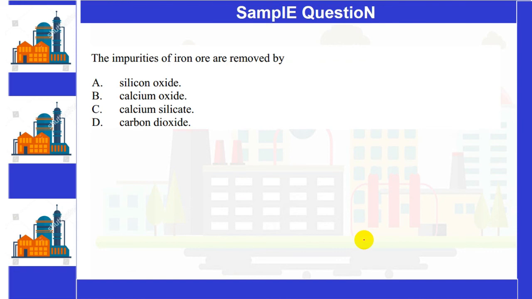And second is: the impurities of iron ore are removed by. How do you remove the impurities of iron ore? We have discussed this, and also whatever content I've shared later which I didn't discuss, I ask you to read that. In that content you will find clearly the impurities of iron ore removal, right?